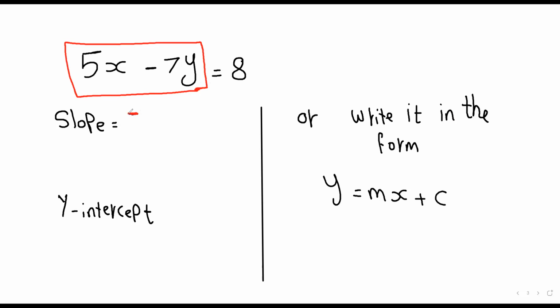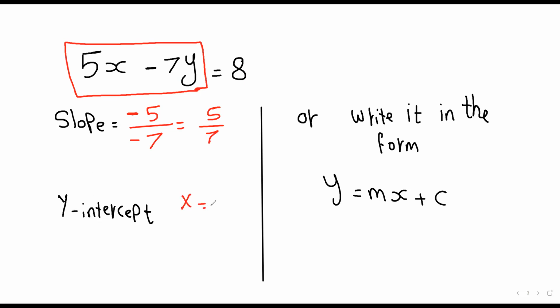So it's the negative coefficient of x over the coefficient of y: negative 5 over negative 7, which is 5 over 7 directly. So I managed to get the slope directly by using this rule, negative coefficient of x over coefficient of y.